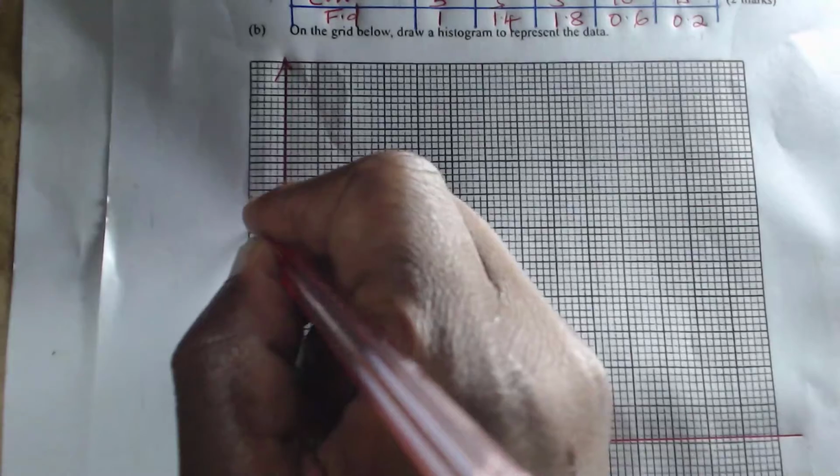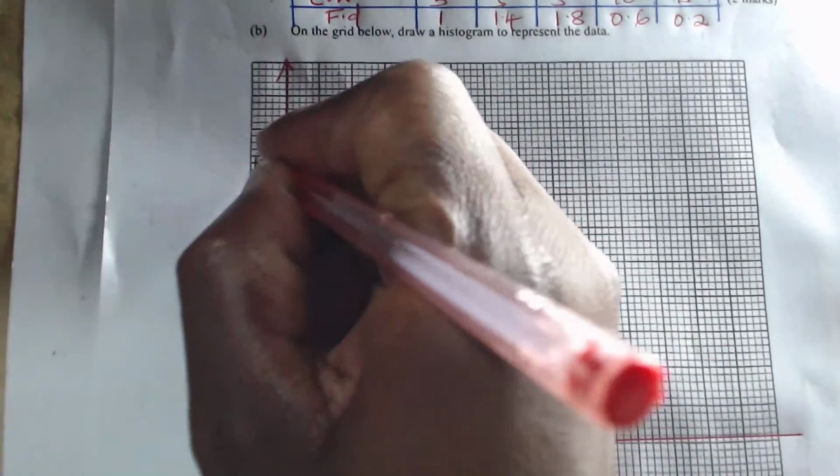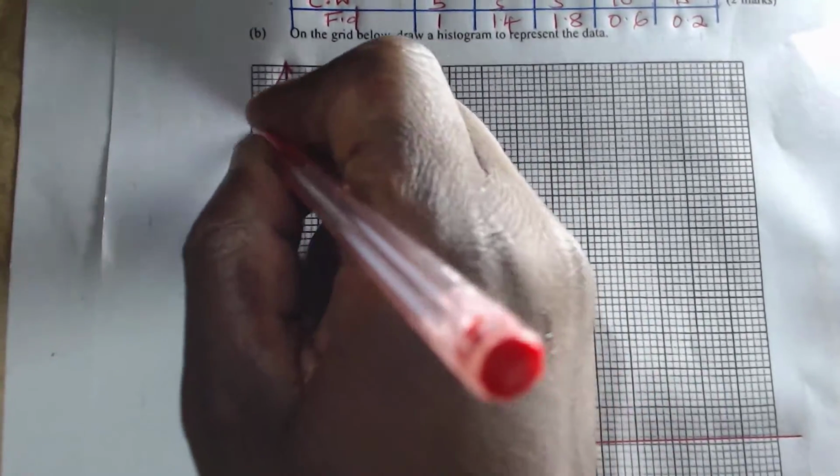So these will be 0.2, 0.4, 0.6, 0.8, 1, then 1.2, then 1.4, 1.6, then 1.8.